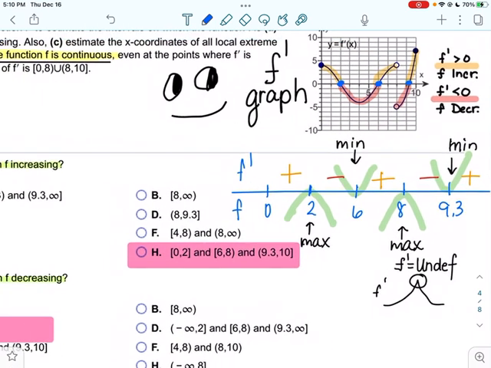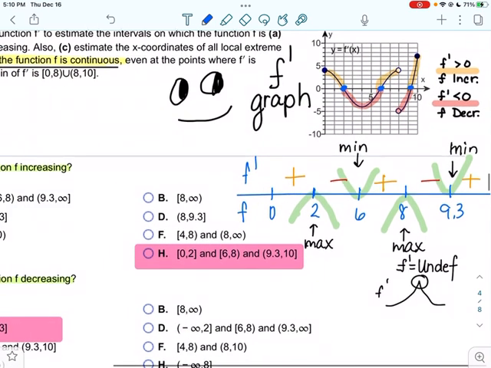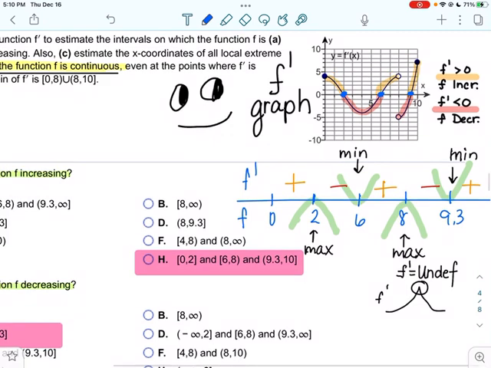And you can kind of see f prime is equal to 0, right? At 2, at 6. Something happens at 8. f prime is not equal to 0 there. But something happens here, it becomes a critical number, okay? And then at 9.3. So I have those marked.